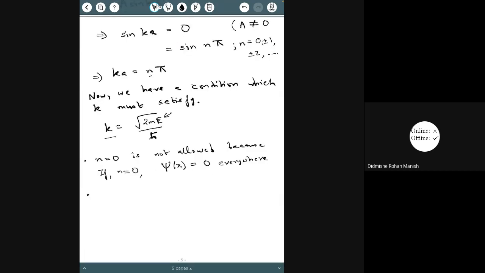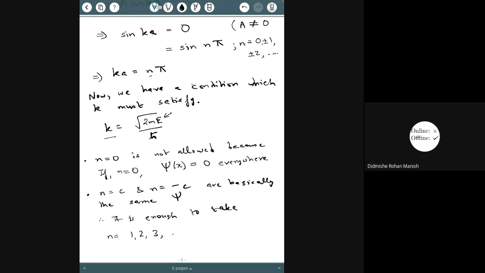So the second point is that n equal to c and n equal to minus c are basically the same psi. Therefore, it is enough to take n equal to 1, 2, 3. So 0 is excluded, and we also exclude the negative ones because they're repeats.